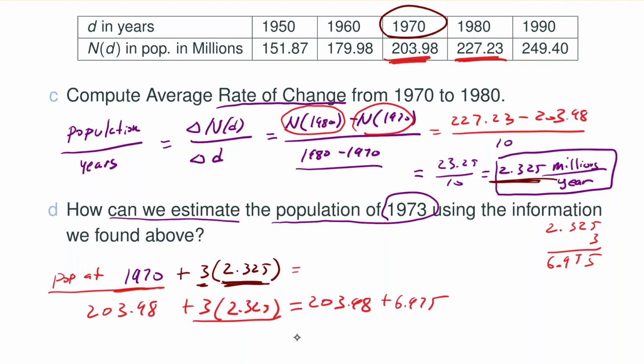If we add these two numbers, we get 210.955.